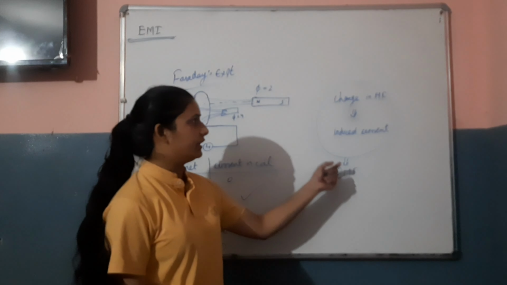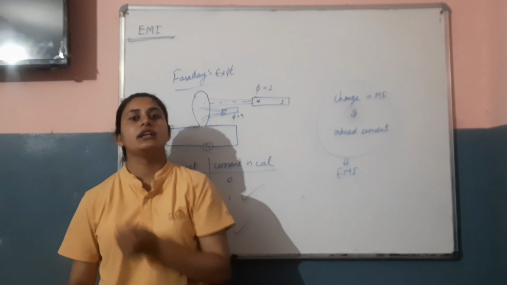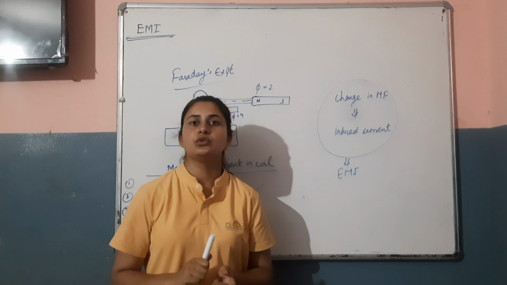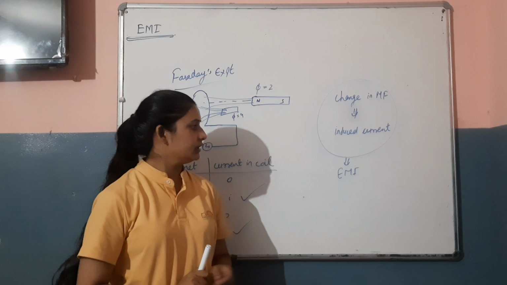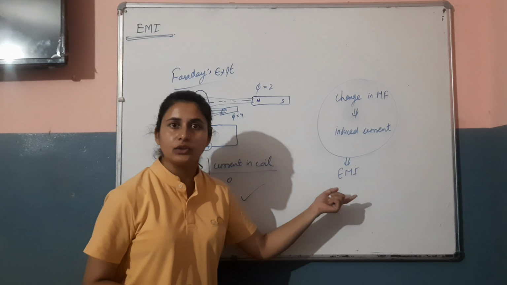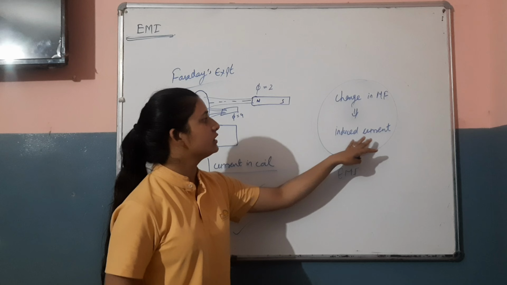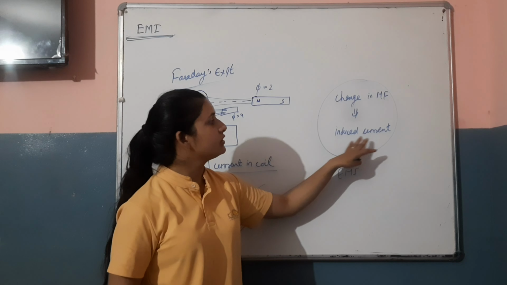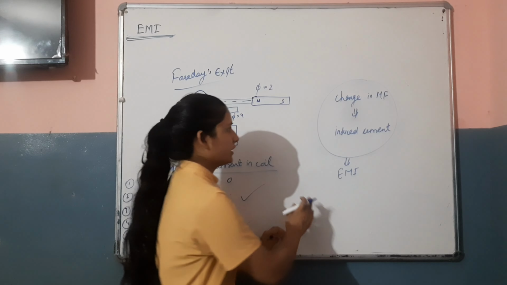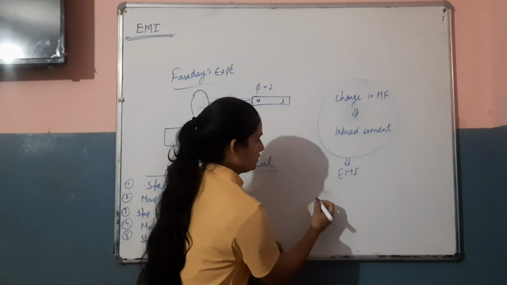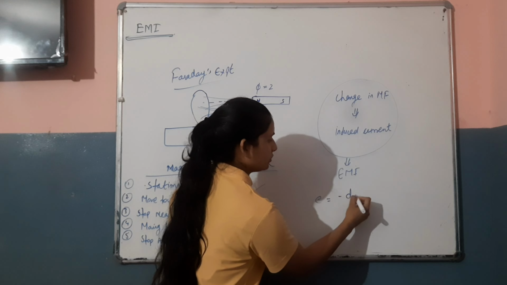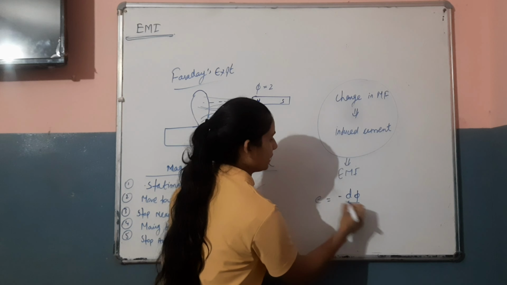And this is Faraday's first law: whenever there is a change in magnetic flux linked with the coil, then induced EMF is produced, right? And in Faraday's second law, he gave the magnitude of induced current, that is, how much induced EMF or induced current is produced. So the magnitude of induced EMF is directly proportional to the rate of change of magnetic flux.